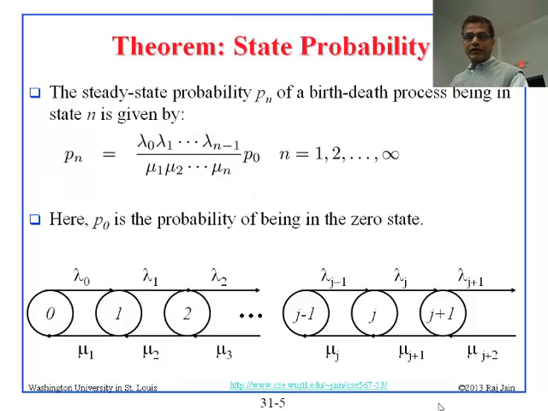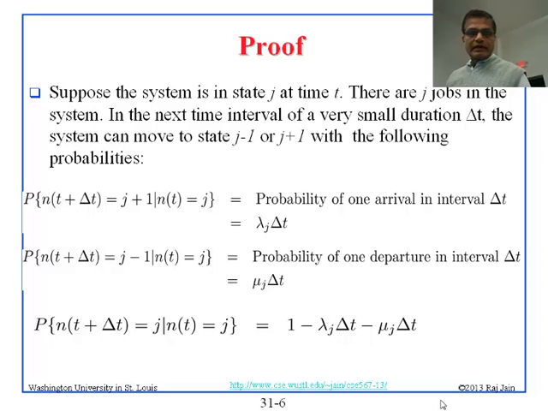So you can write down an equation like this. You can say my probability at time t plus delta t of being j plus 1, going to the next state if I am in state j, is the arrival rate times delta t. The probability of my going to the previous state, which means being j minus 1 when I am at state j, is mu j delta t.